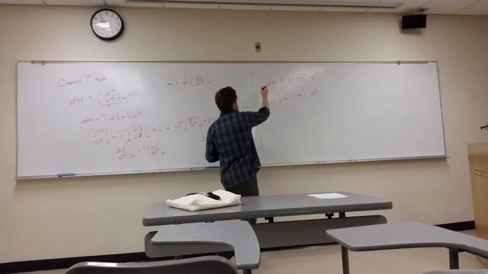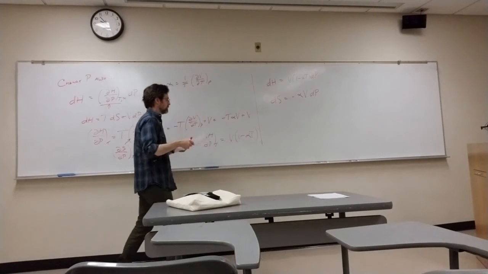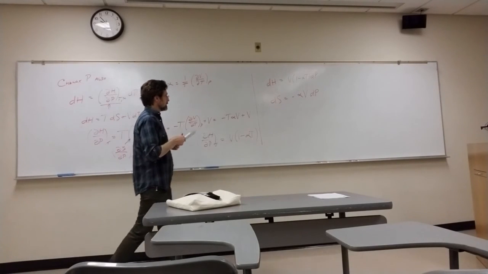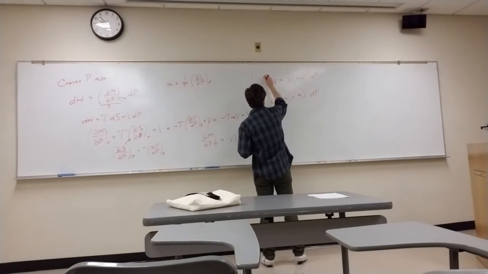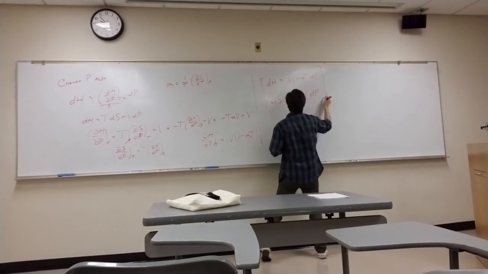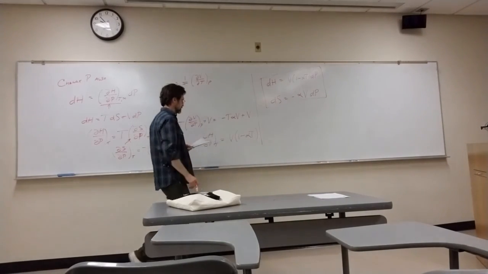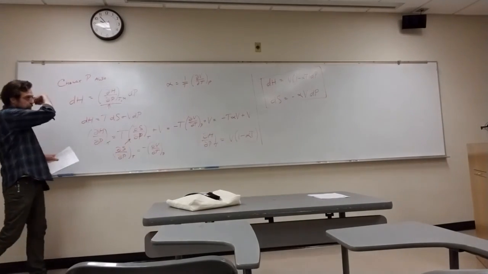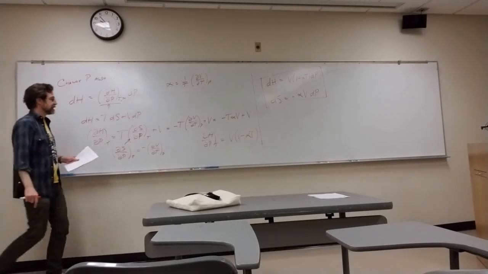is negative alpha V dP. And these two let you find the effect of changing the pressure, which means that we're changing both the temperature and the pressure at the same time.